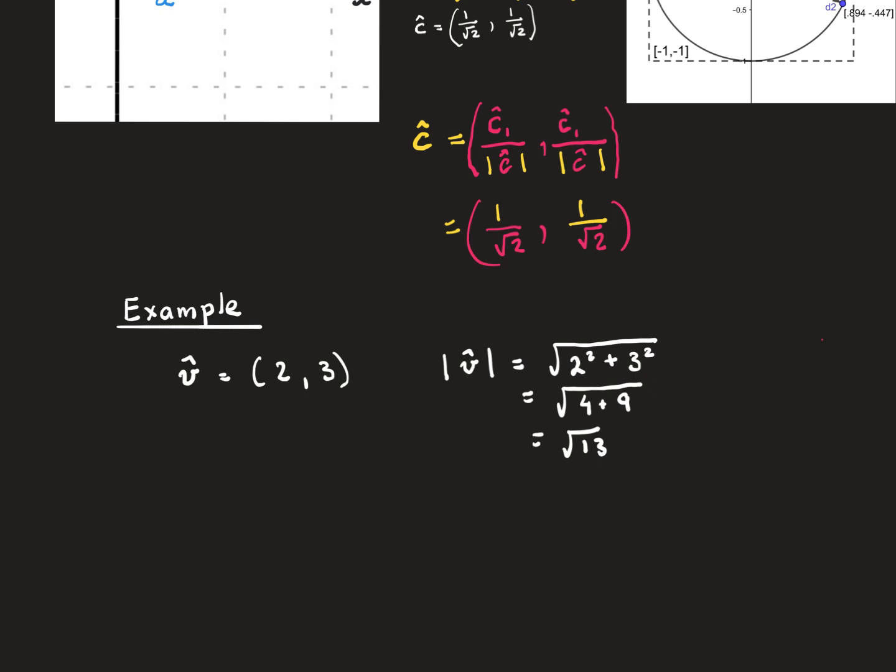So in that case, our unit vector in the direction of V will be (2 over root 13, 3 over root 13).